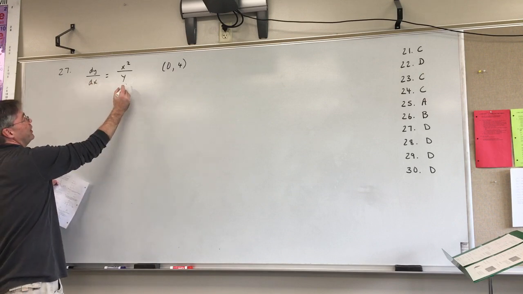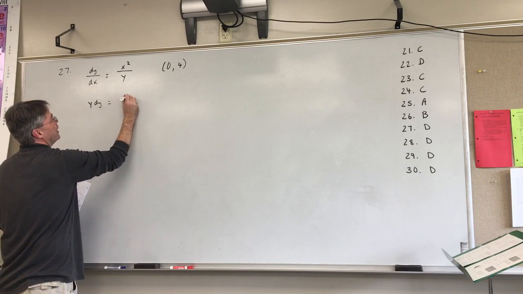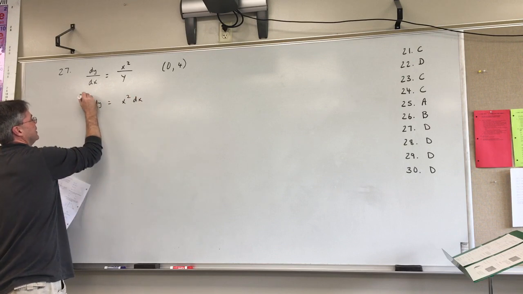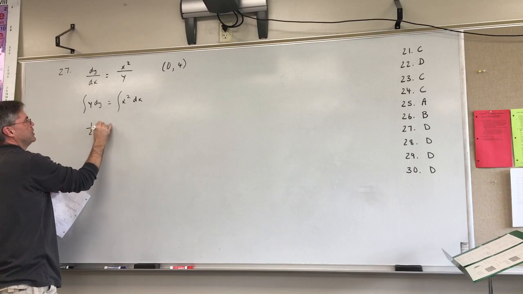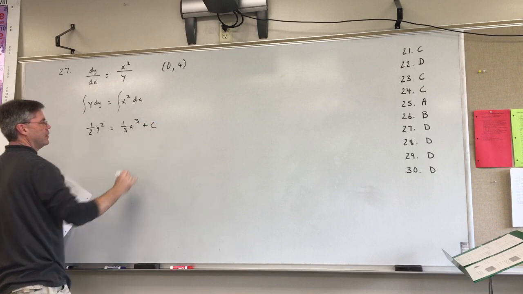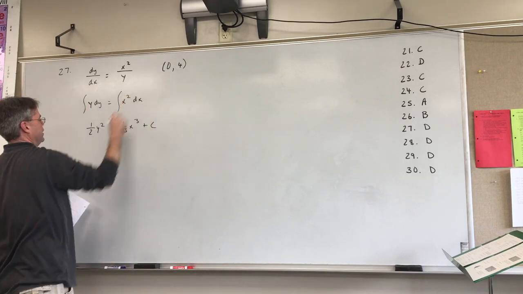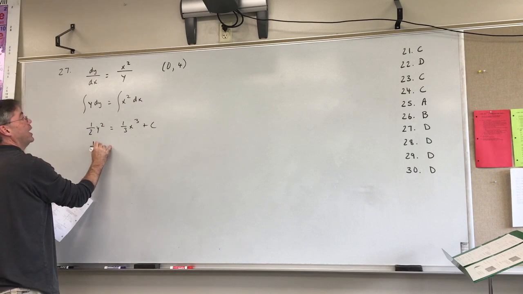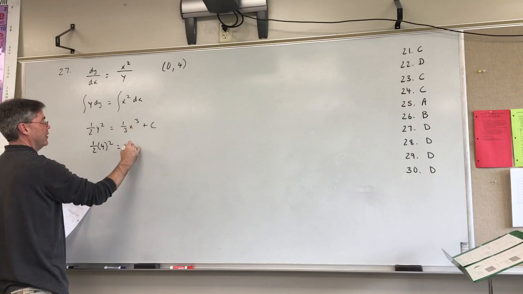So we'll separate the variables by cross multiplying. y dy is equal to x squared dx. Do that. 1/2 y squared is equal to 1/3 x cubed plus c. It's not so bad. Now let's put in the initial condition. 1/2 times 4 squared is equal to, well, we'll put a 0 in here.